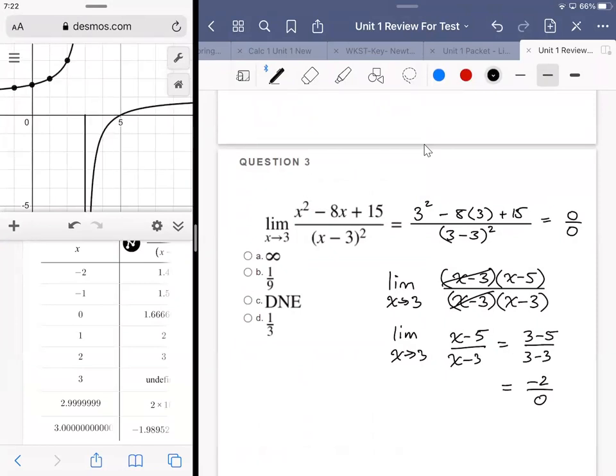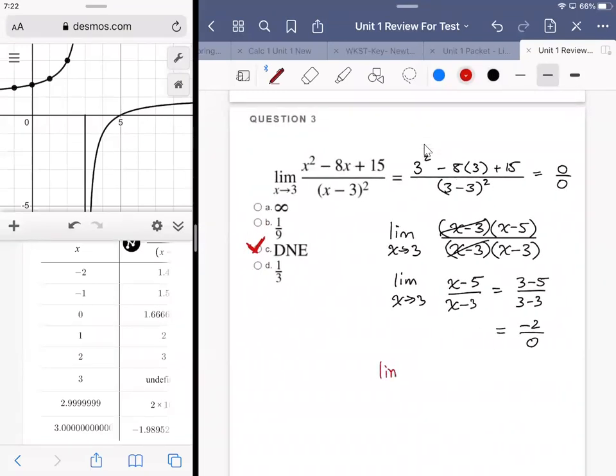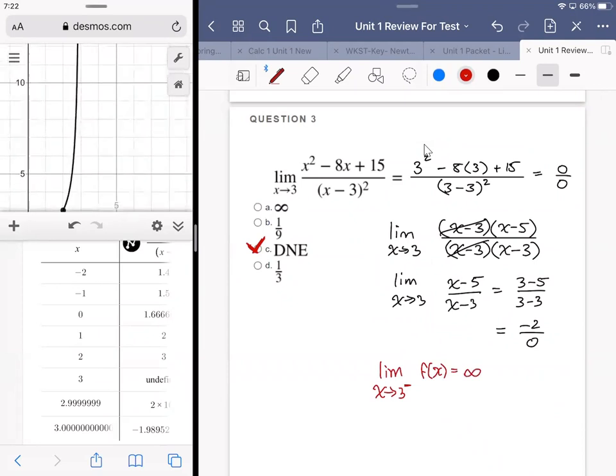All right, so this one, because we have a disagreement, it's a DNE, and that is because the limit as x approaches 3 from the left of this whole function, I'll just call it f of x, is equal to infinity. And that's because this piece goes up forever.